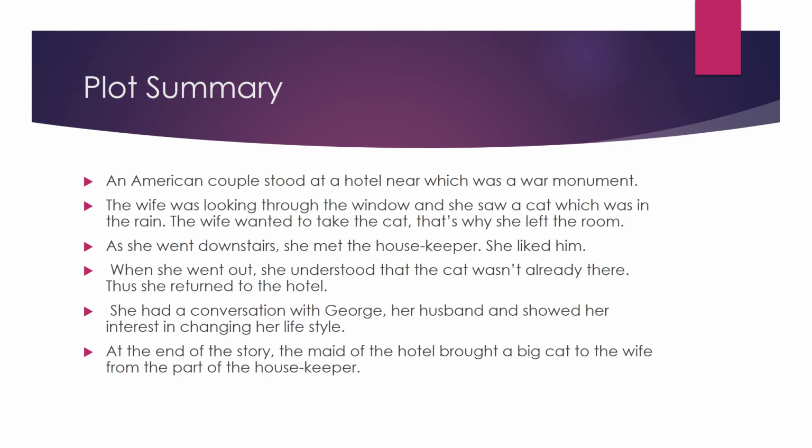As she went downstairs, she met the housekeeper. She liked him. When she went out, she understood that the cat wasn't there anymore. Thus, she returned to the hotel. She had a conversation with George, her husband, and showed her interest in changing her lifestyle. At the end of the story, the maid of the hotel brought a big cat to the wife on behalf of the housekeeper.